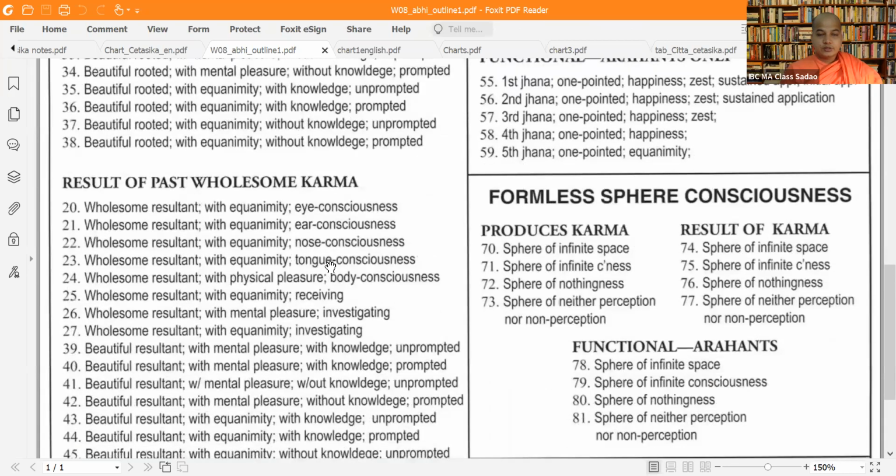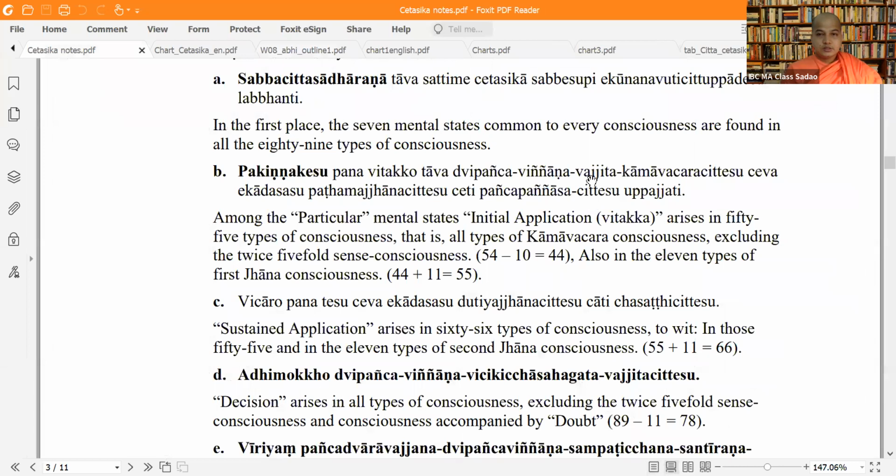And then this is wholesome vipaka karma. Again, eye consciousness, ear consciousness, nose consciousness, tongue consciousness, and body consciousness. So when it says Dvipancha Vijnana Vajjita, it is referring to excluding the twice fivefold sense consciousness.